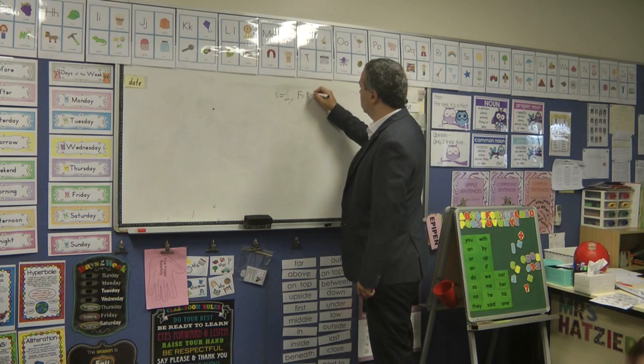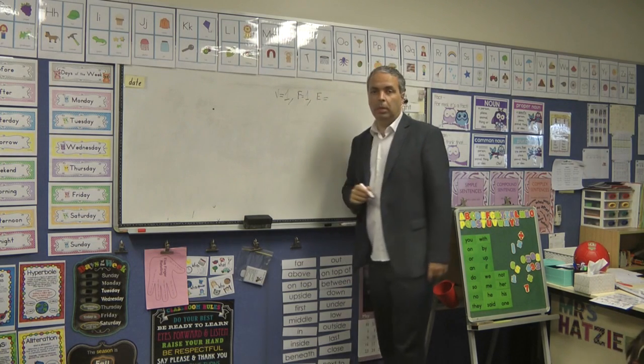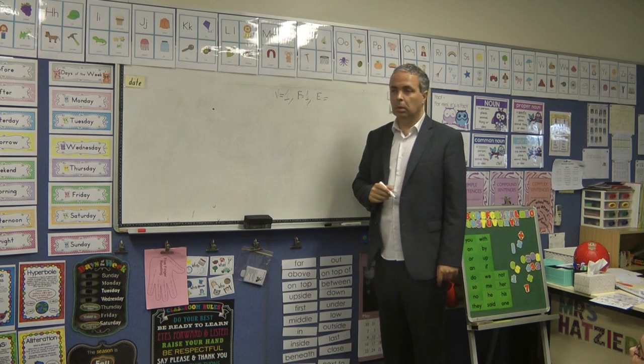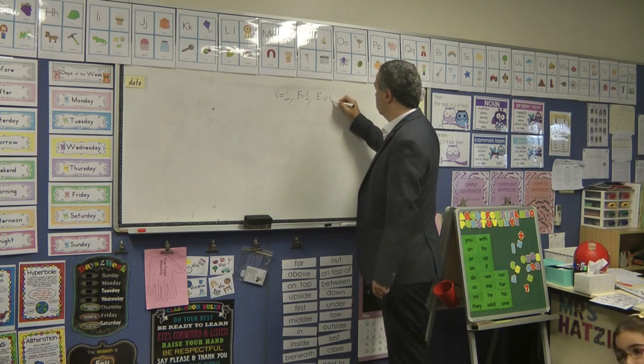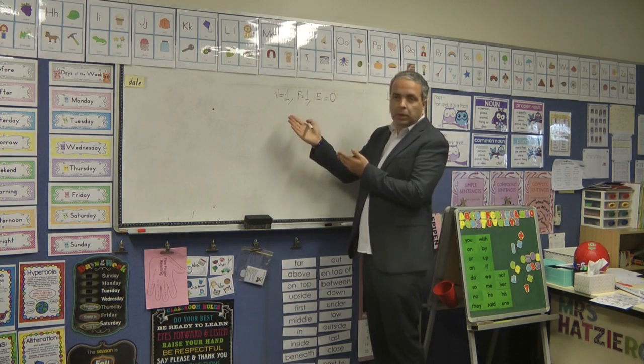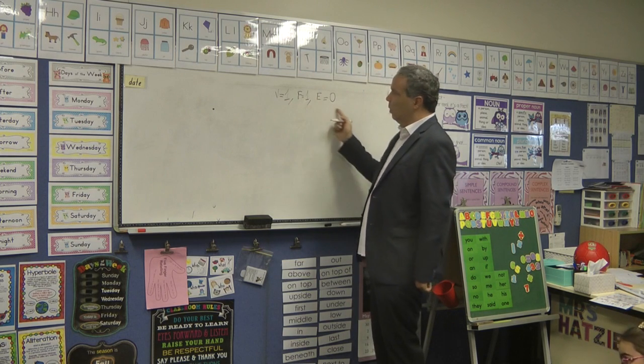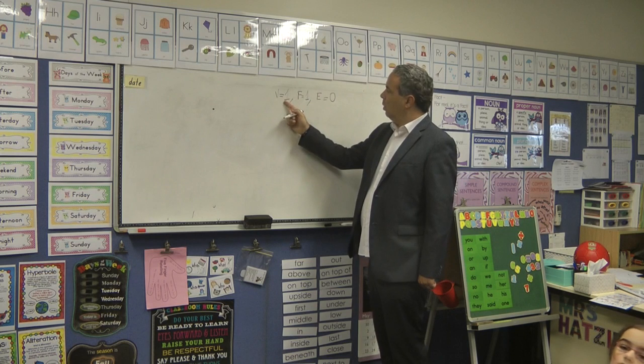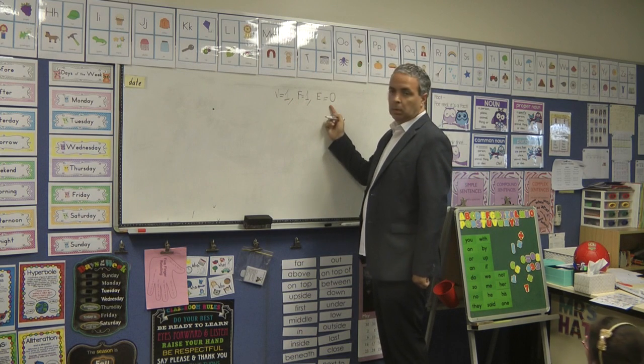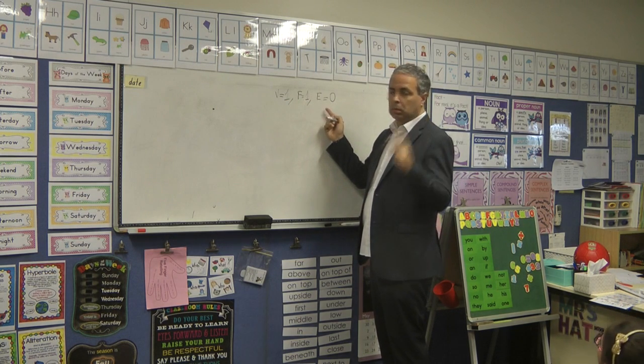Of course, 1. How many edges? Of course, 0. There is no edges. But, you see the formula? 1 plus 1 minus 0 is 2.